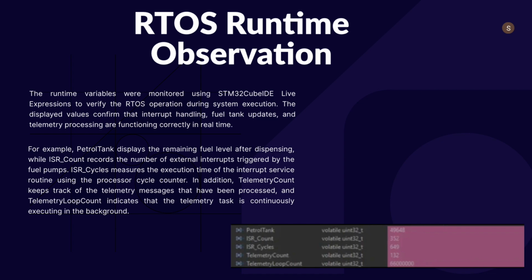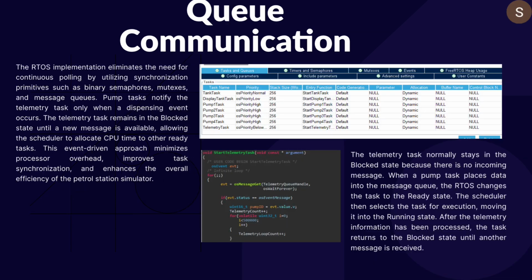ISR cycles measures the execution time of the interrupt service routine using the processor cycle counter. In addition, telemetry count keeps track of the telemetry messages that have been processed, and telemetry loop count indicates that the telemetry task is continuously executing in the background.